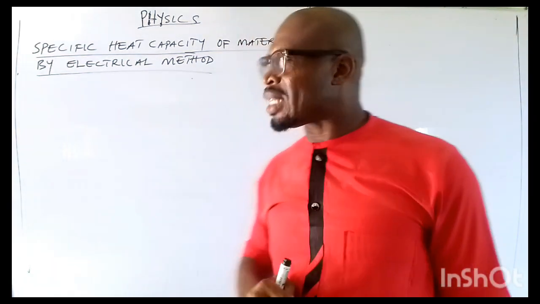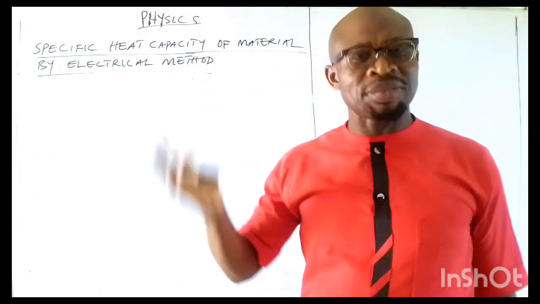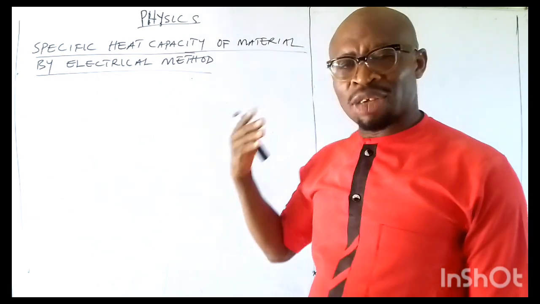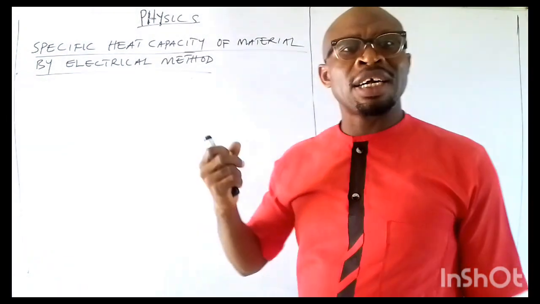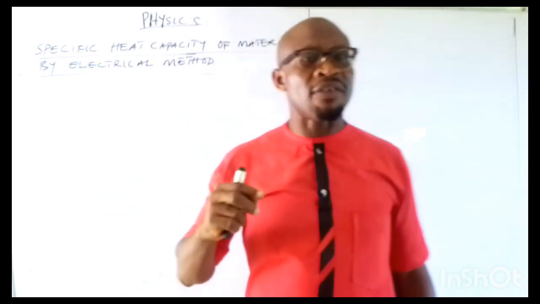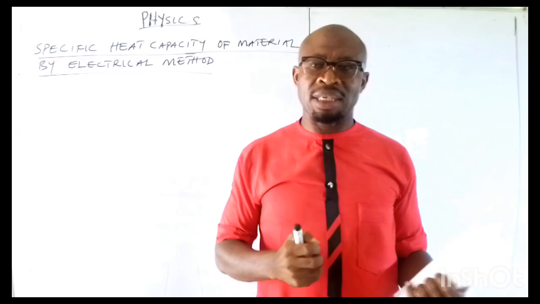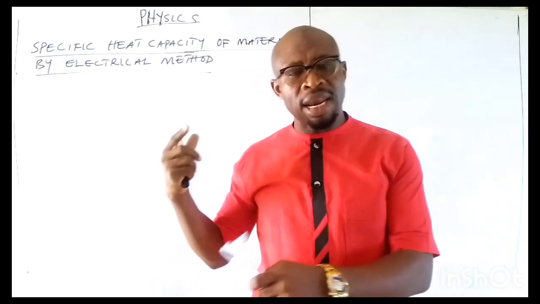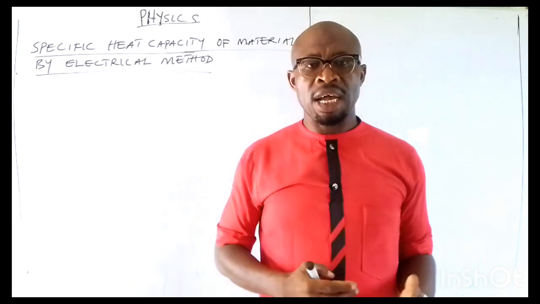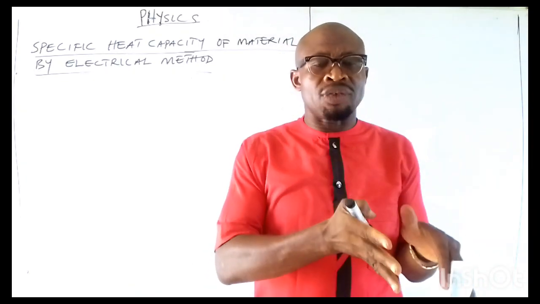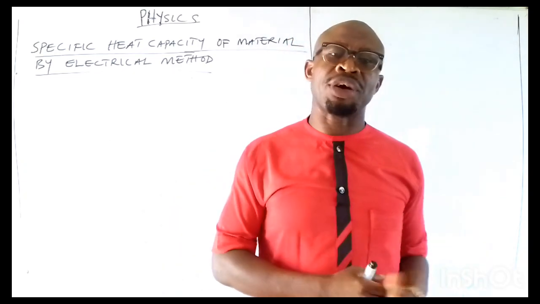I want us to look at specific heat capacity of a substance by electrical methods. Now we have a situation where the heat is being supplied by an electrical material, for example an electrical heater, to a material.